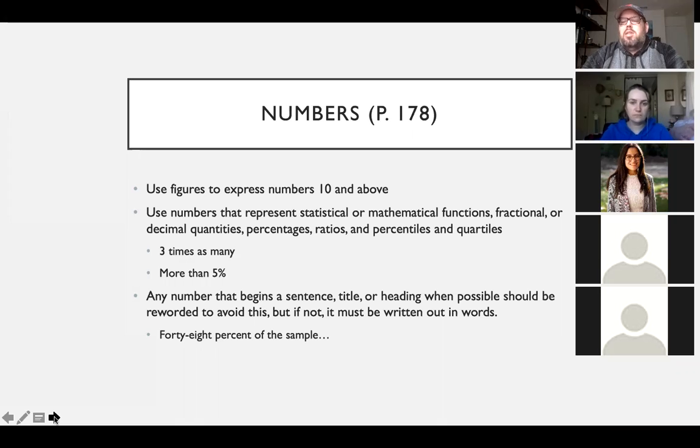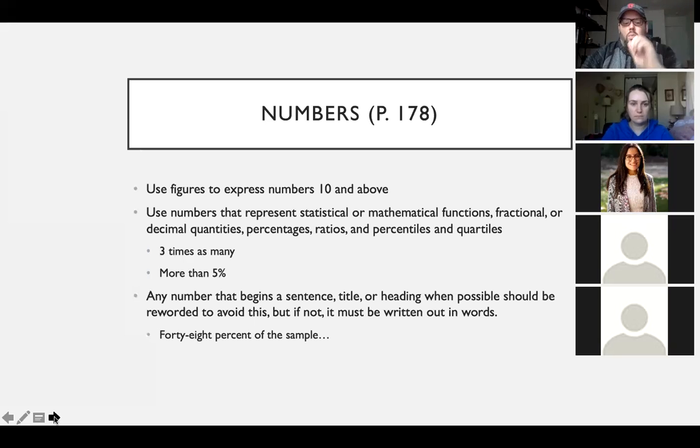Now, at the same time, there are very specific rules and exemptions to this. So if you use numbers that represent statistical or mathematical functions, fractions or decimal quantities, percentages, ratios, and percentiles or quartiles, then typically they are going to be written out numerically. So again, you see there more than 5%.